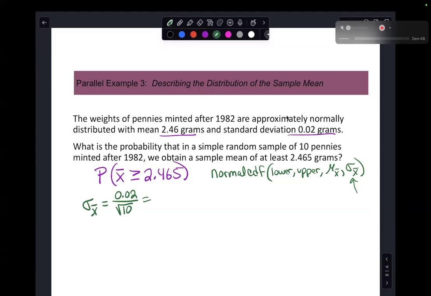I got about 0.00632. I'm going to go out that far. Let's go ahead and put this in our calculator. Our mean, mu sub x bar, is the same as the population.